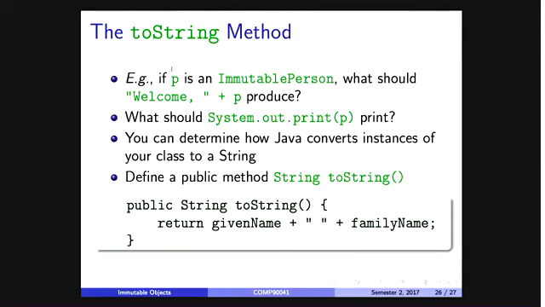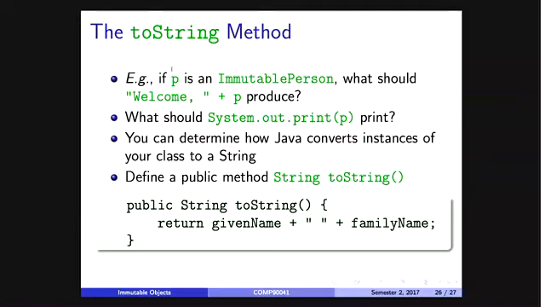So there's a number of special methods in a class, but one in particular is the toString method. It's quite handy because the Java system makes use of it. So if you define it yourself, you're essentially hooking into the Java system to tell it how to do things.